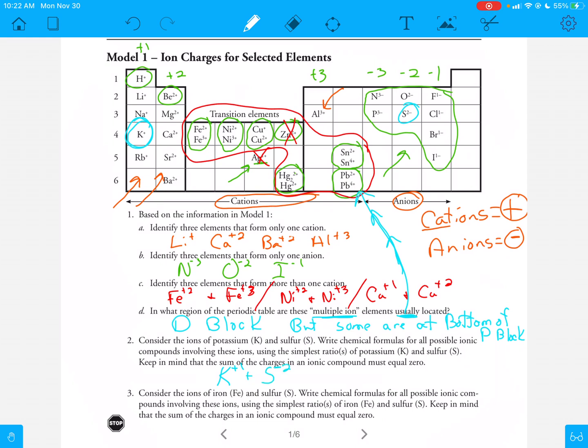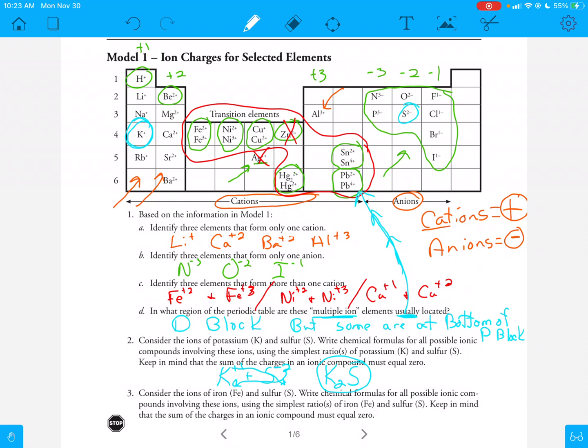We're going to crisscross applesauce, right? So this guy is going to come down here, and this guy comes over here. It looks pretty messy right now, right? And it's going to be K2S, and that's going to be the answer to that one. That's the only compound combination that we can do there. It's going to be K2S because we crisscrossed applesauce, right?